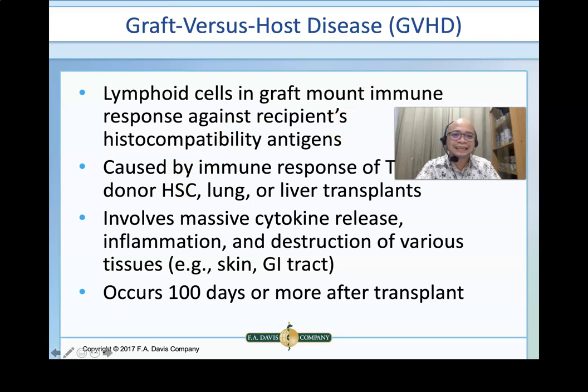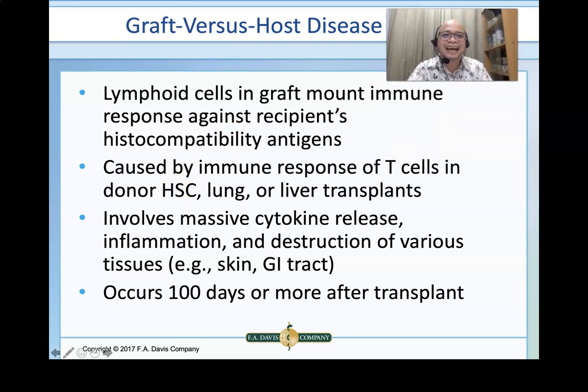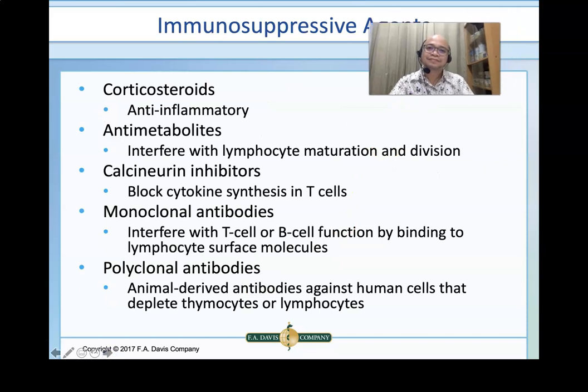So these lymphocytes act like a Trojan horse. It involves massive cytokine release, inflammation, and destruction of various tissues such as the skin and the gastrointestinal tract. It occurs 100 days or more after the transplant.